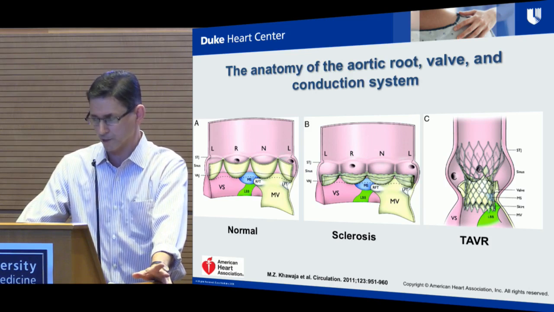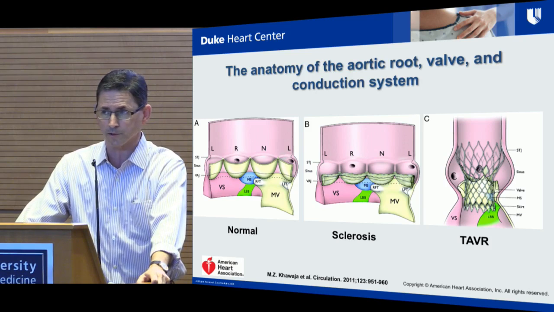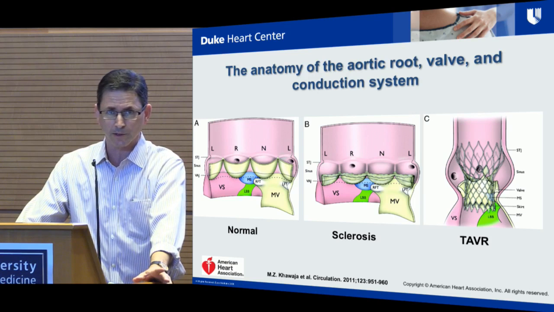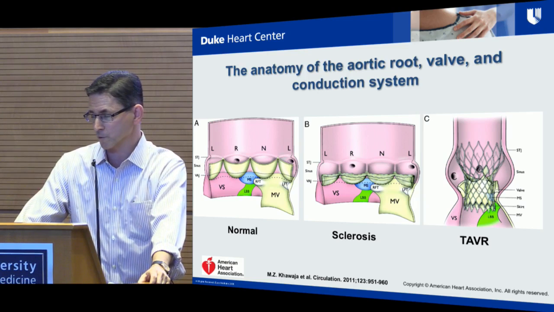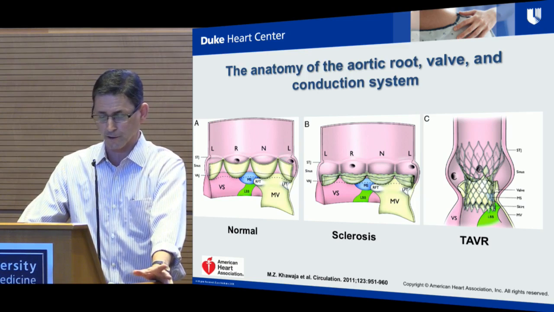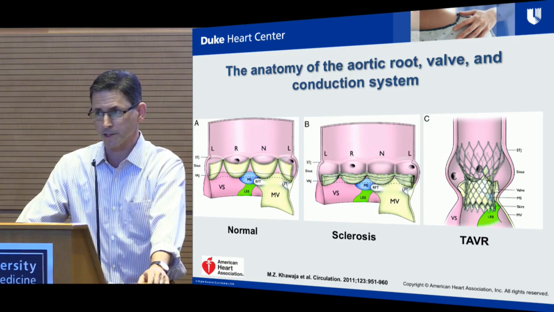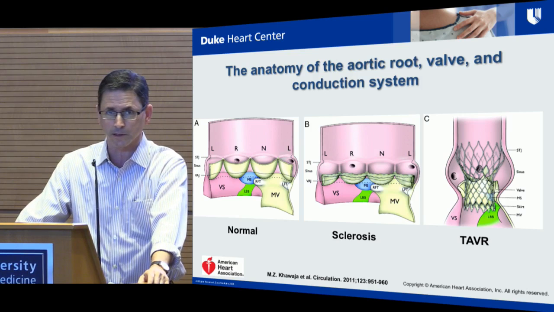And that part you need to take with the biggest grain of salt, because one of the things you find when you look at these valves is there's really marked variability between where the bundle of His runs, where the bundle branches run when they first come off, and this variability actually either helps or hurts a patient in regards to their chance of developing post-procedural arrhythmias.